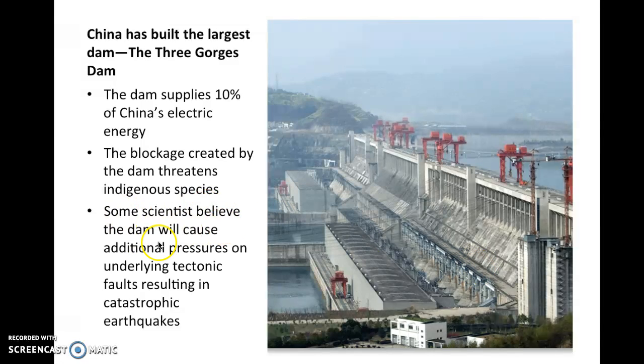Some scientists believe the dam will cause additional pressures on underlying tectonic faults, resulting in catastrophic earthquakes in a region that has a lot of severe earthquakes, which have caused as many as 1 million deaths from earthquake action. And the water that backs up behind it is going to create a situation where you could have potential extremely severe earthquakes.